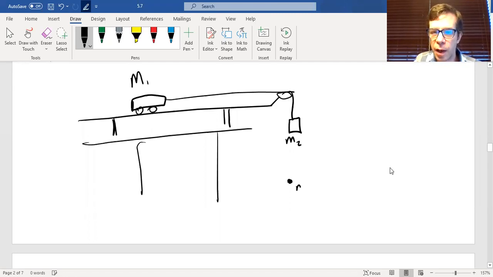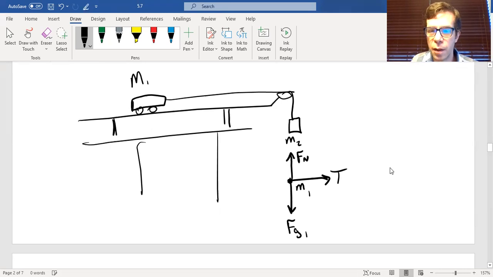So if we look at a free body diagram for M1, well, it has a tension because it's attached to the string, but that tension's now sideways. It's a cart with really nice wheels, so there's no friction. There is gravity though, and that's going to be down. And it's on a track now, so there's going to be something perpendicular to that track, keeping the gravity from accelerating it downward.